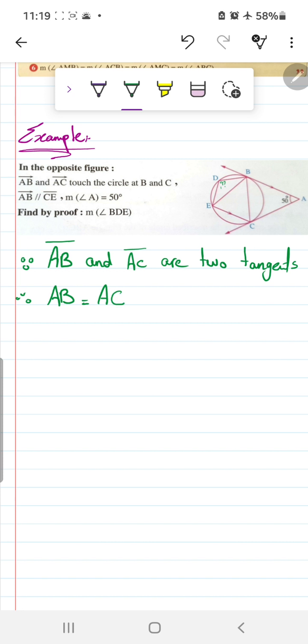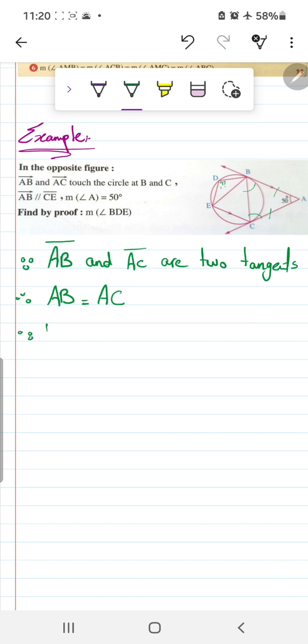What did you notice here? We have here ABC. We said AB equals AC, so we have an isosceles triangle. Isosceles triangle, it means the base angles are equal. So measure of angle ABC equals measure of angle ACB equals what? 180 minus 50 divided by 2.